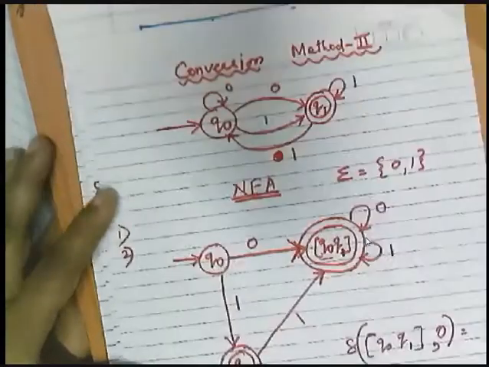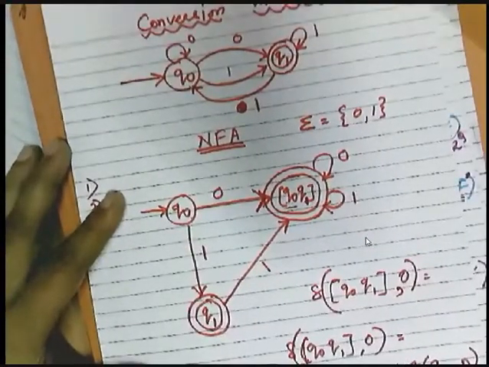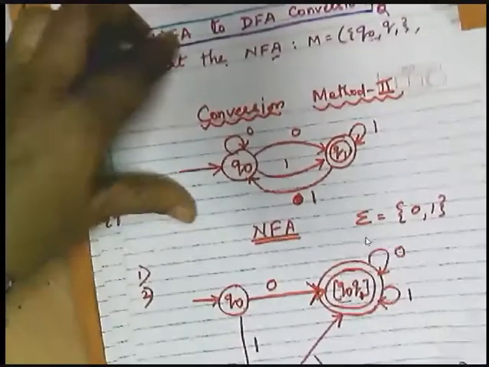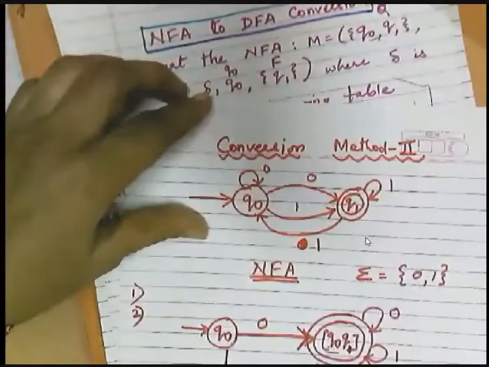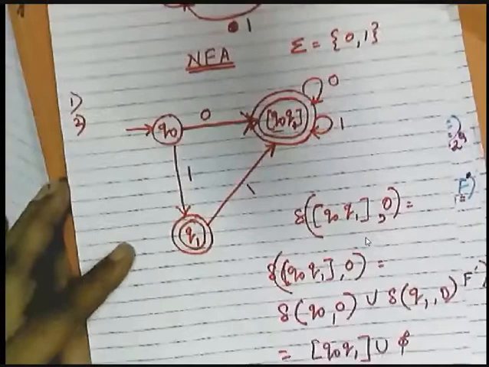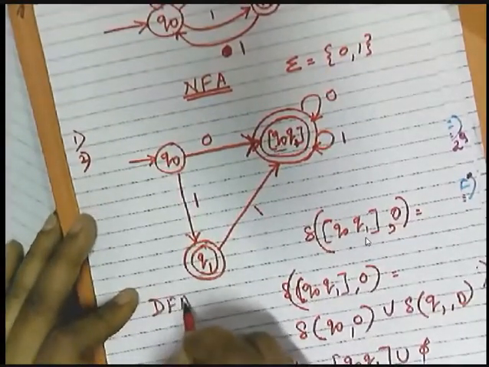Now we will also try the same example which we discussed yesterday, and see whether we are really getting the same type of graph or not. So this is your equivalent DFA.